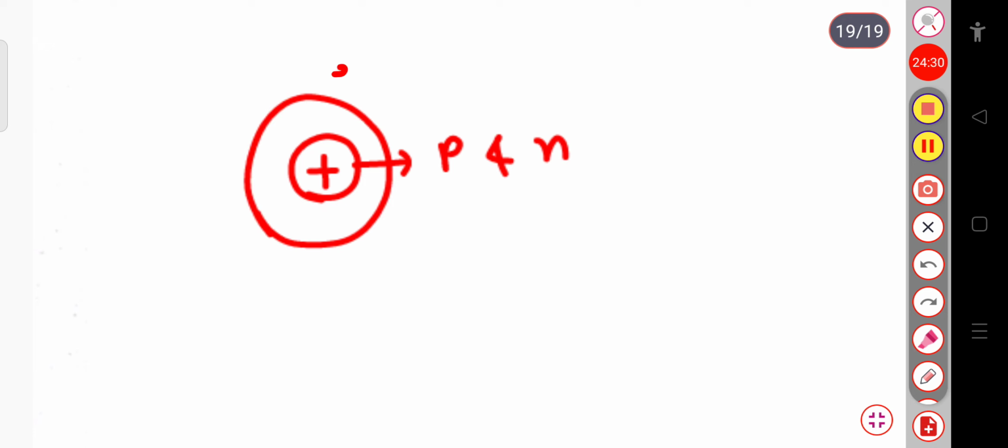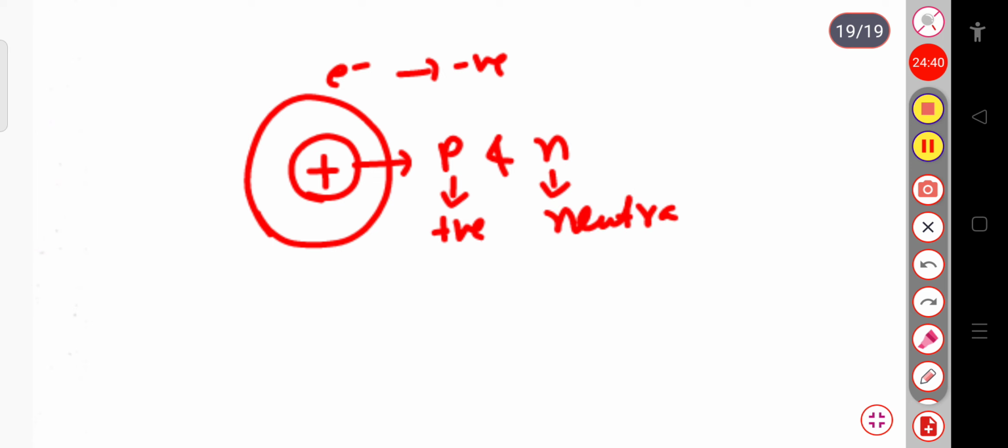Electrons carry the negative charge, the proton has the positive charge, and the neutron has a neutral character, or you can say no charge. P for positive, so the proton has positive charge. Electron, you see the negative sign, this is the negative charge, and the neutron, N for no charge, is neutral in nature.